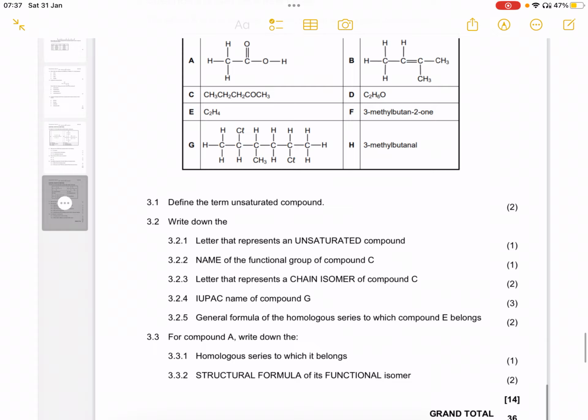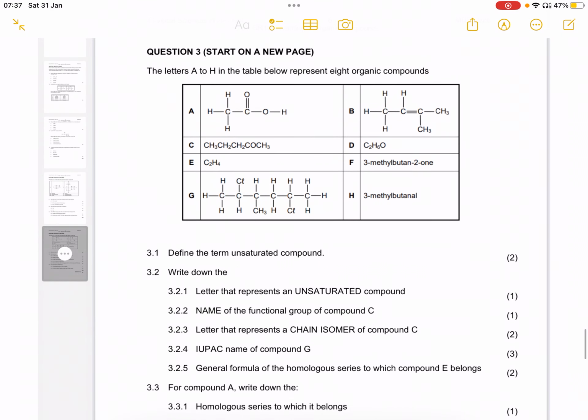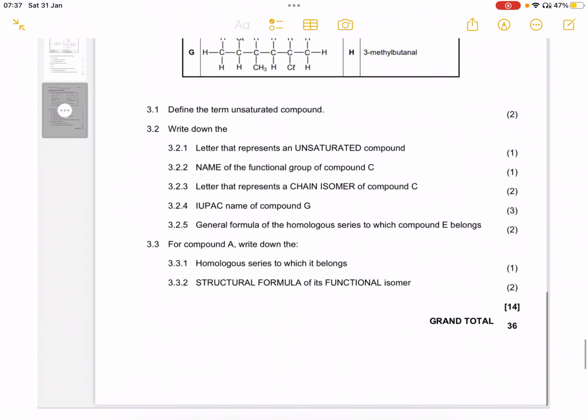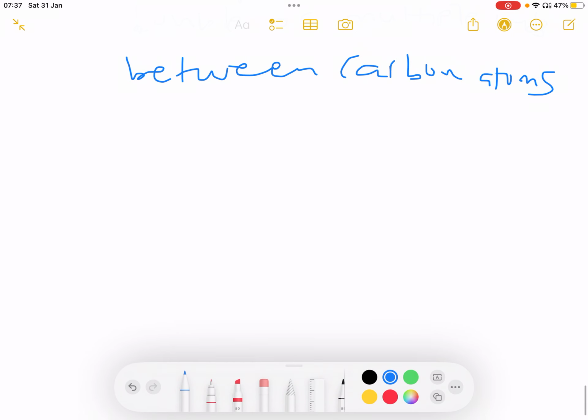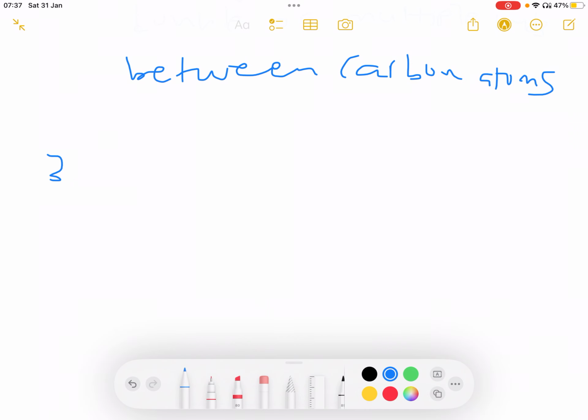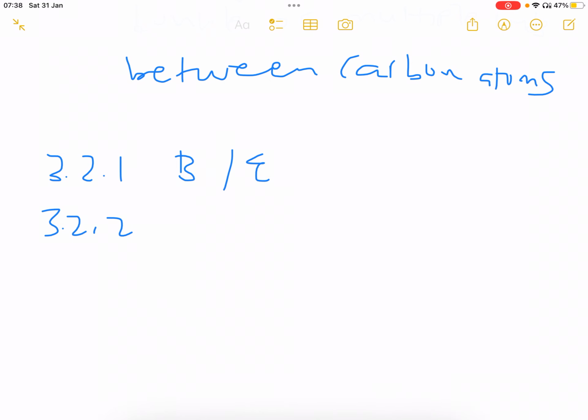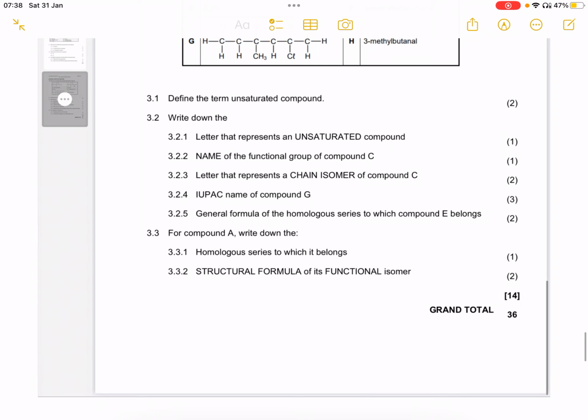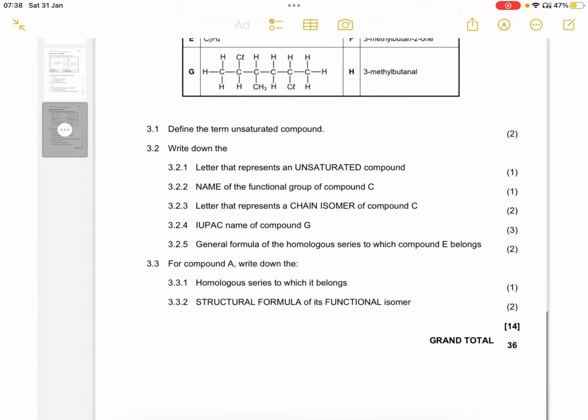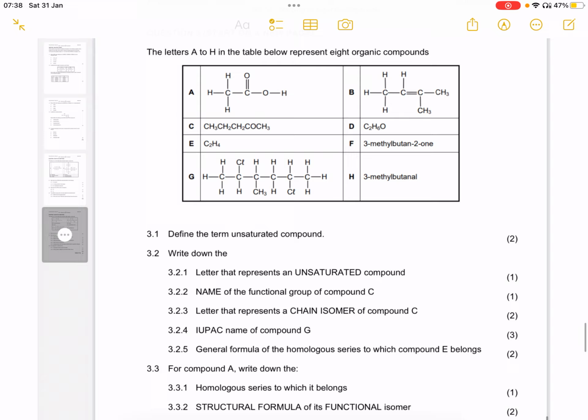3.2.1. Letter that represents an unsaturated compound. Unsaturated, I am seeing B and I am seeing E. So 3.2.1 is B or E. 3.2.2, that would be the name of the functional group of compound C. What is compound C?